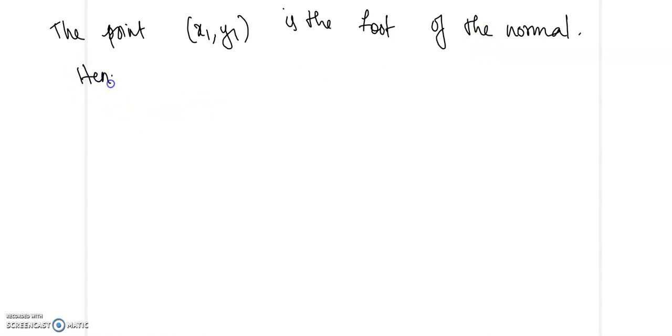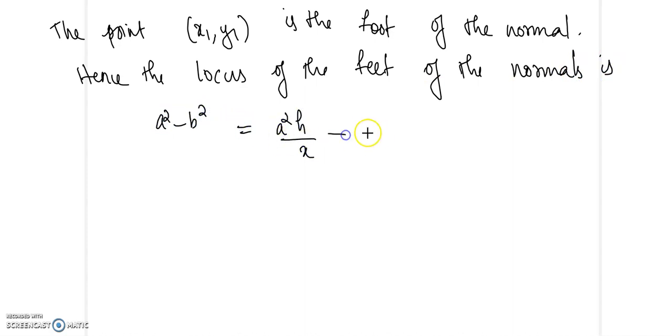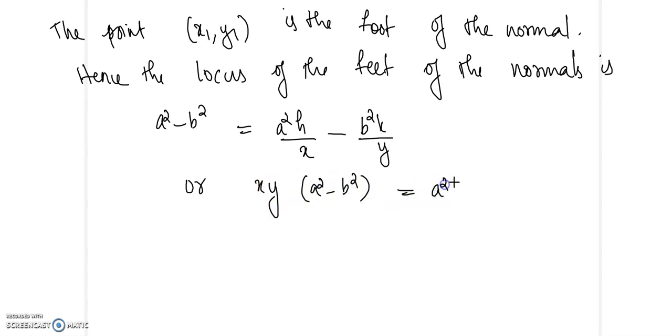So hence the locus of the feet of the normals is a square minus b square equal to a square h by x minus b square k by y, or it can be put in the form xy into a square minus b square equal to a square h y minus b square k x.